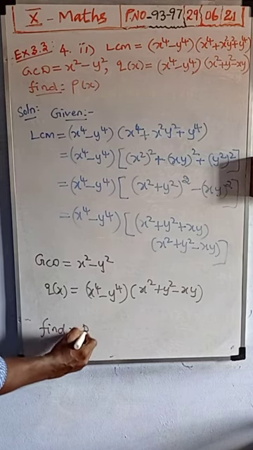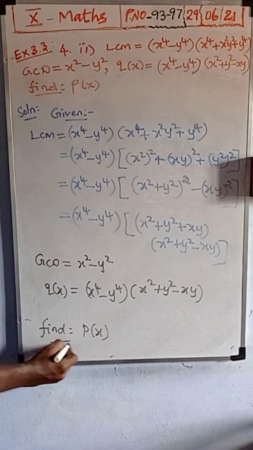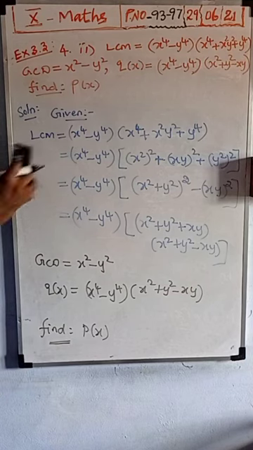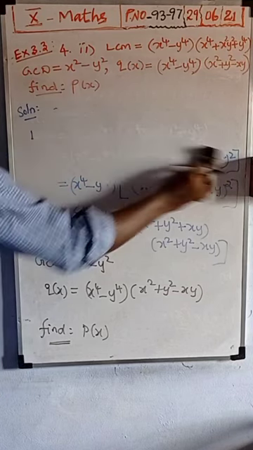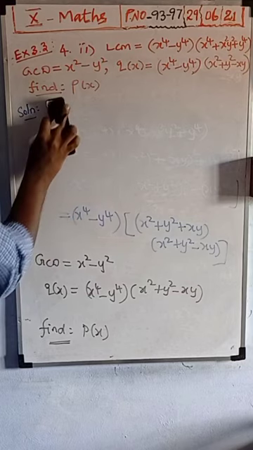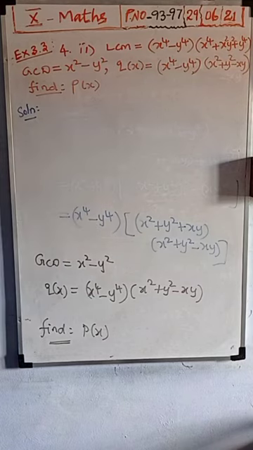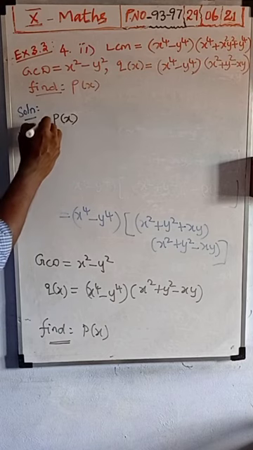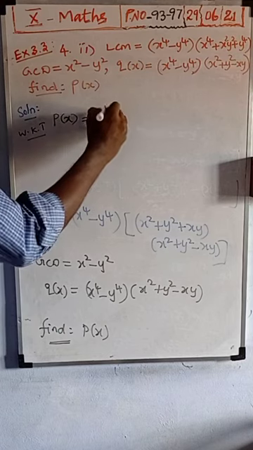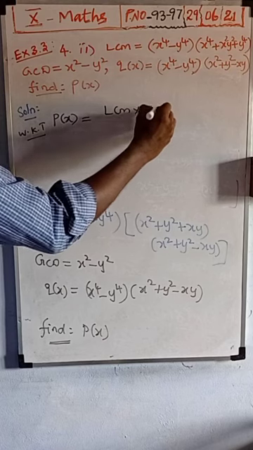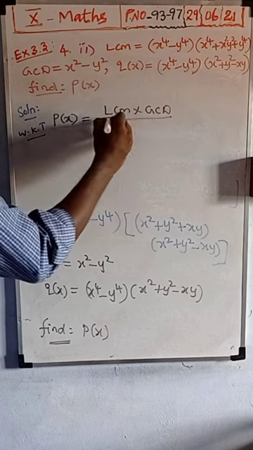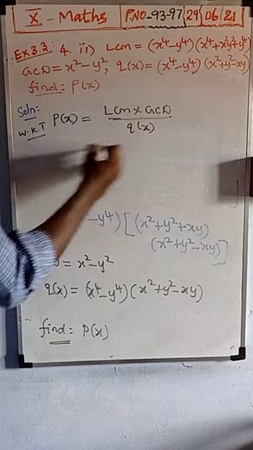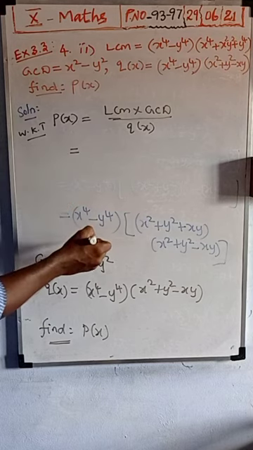We know the relationship already: p of x is equal to LCM into GCD divided by q of x.